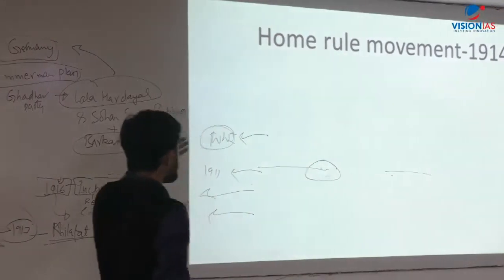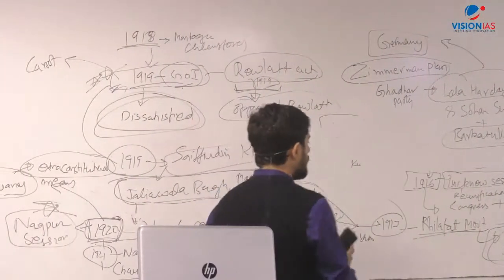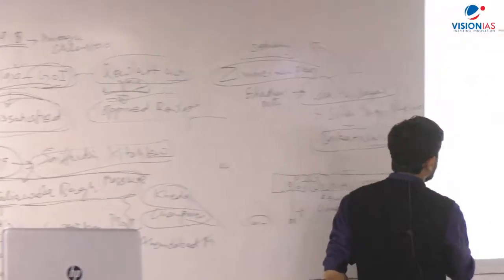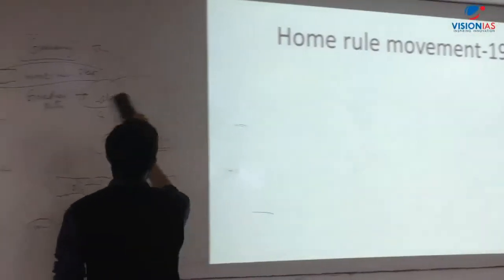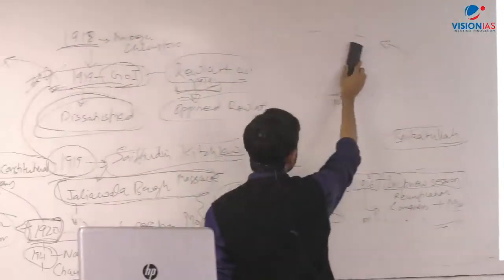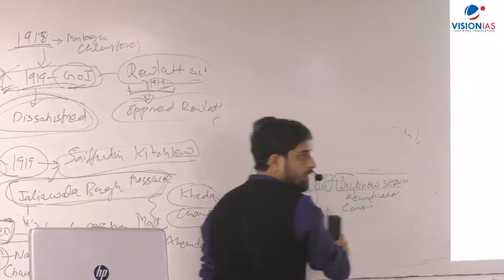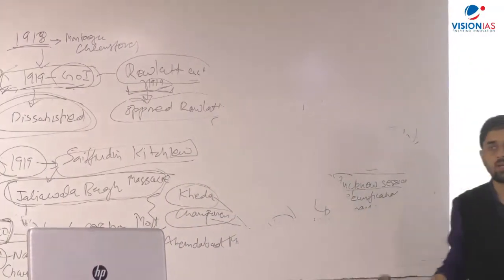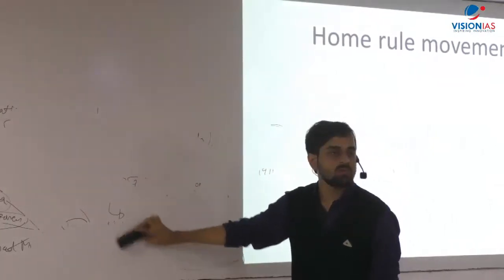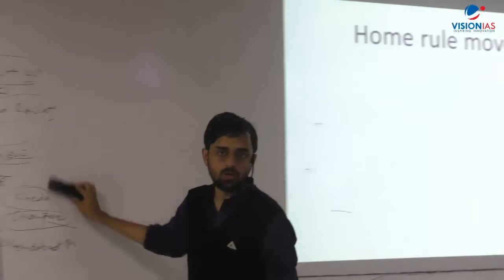Now, discussing the Home Rule League movement, what is important to know from an examination point of view is that, as I told you, there was a section of the population led by Tilak who were of the opinion that Tilak, when he had come out of jail, was not the Tilak of 1908, in the sense that Tilak was also ready to mellow down his demands to reach a rapprochement with the moderates.